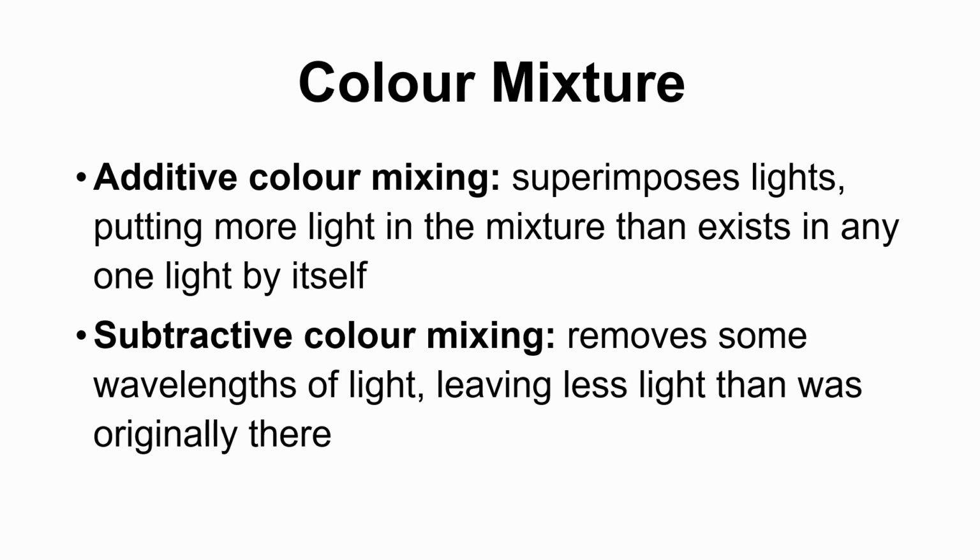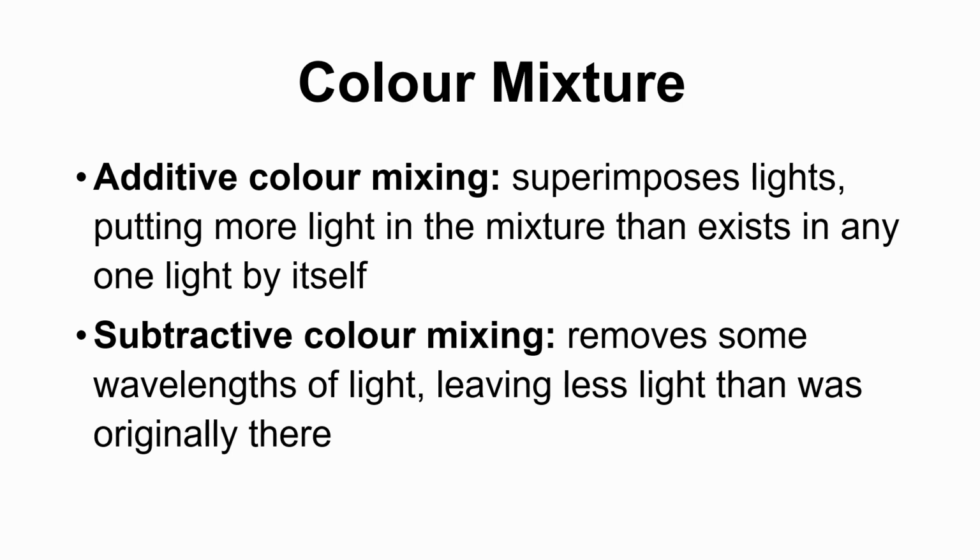So when white light shines on red paint, that red paint is going to absorb all of the wavelengths except for red. So it subtracts everything except for red. And because it reflects red light, that red light will reach our eyes and we will see that paint as red. So when we're mixing 2 paints together, if we have our yellow paint, which has absorbed all of the wavelengths except for those that relate to yellow, the yellow light would reach our eyes.